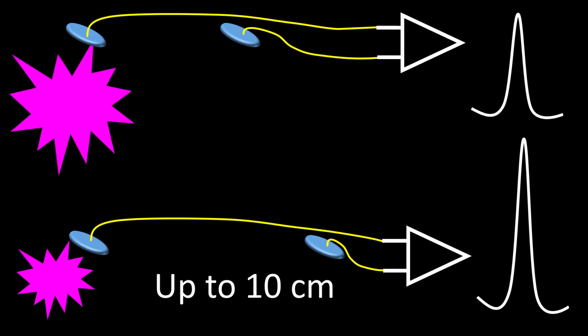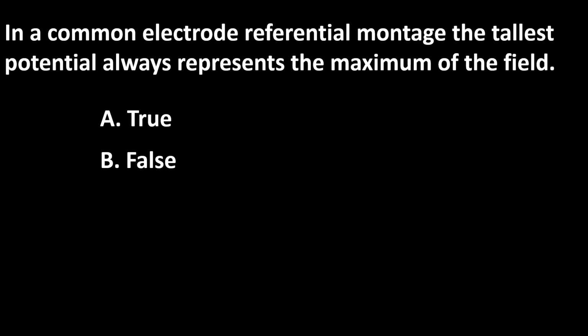The weaker field with the longer inter-electrode distance is in this frame at the bottom. Hence, when judging the presence of a maximum in a common electrode referential montage, which is primarily done by amplitude, the inter-electrode distance should be taken into account. So the answer to this question is false.